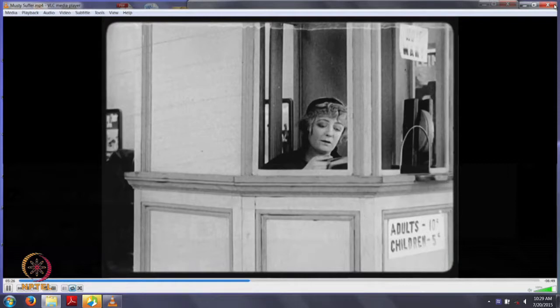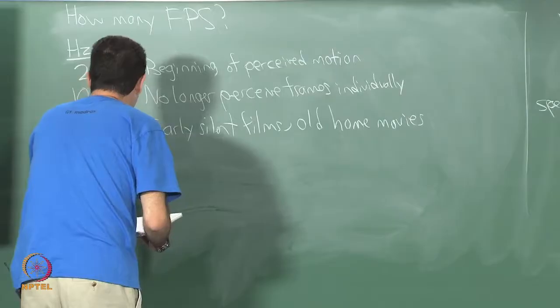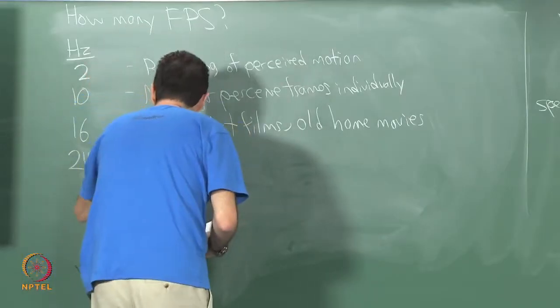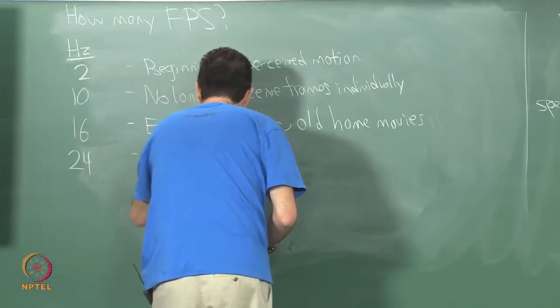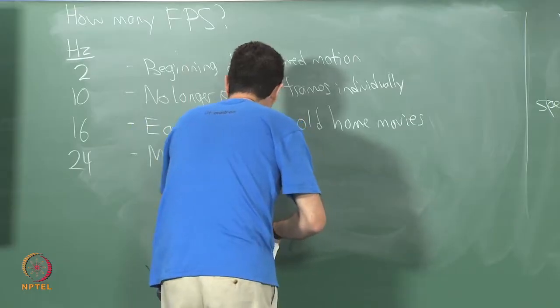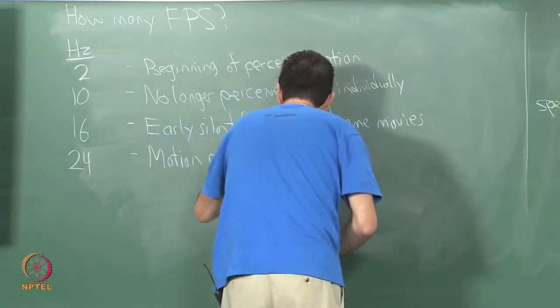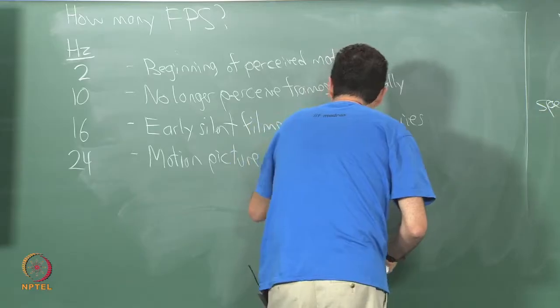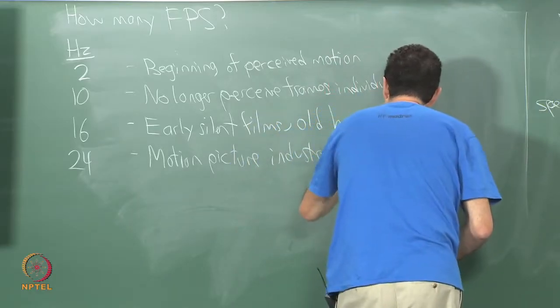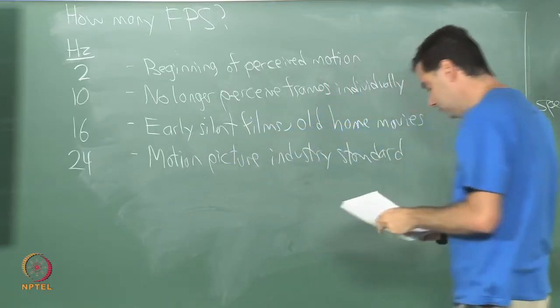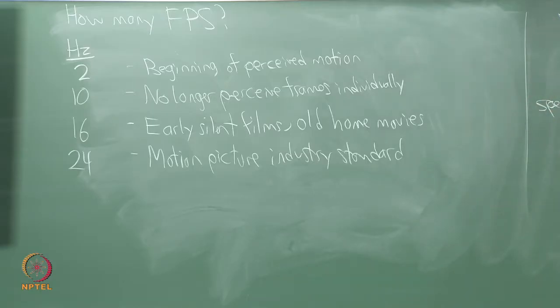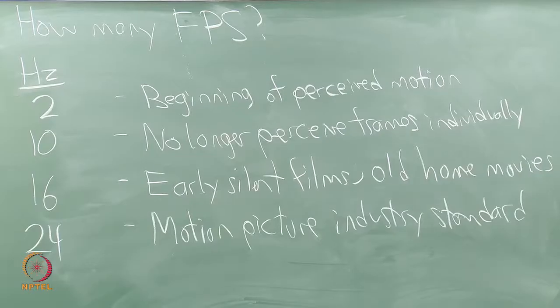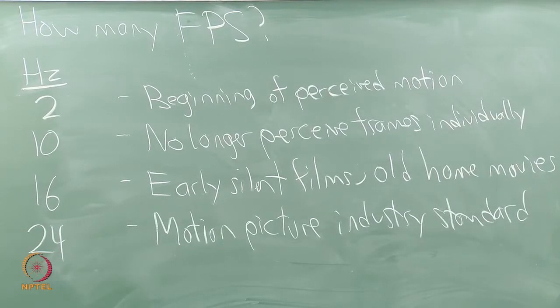Eventually the motion picture industry standard got up to 24 frames a second. That's where it mainly is today. At 24 frames a second, if you show these frames on a standard projector, you'll see flicker.